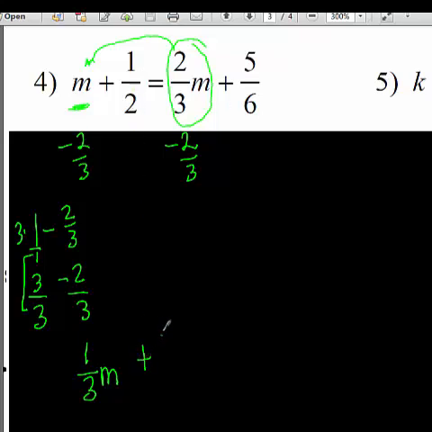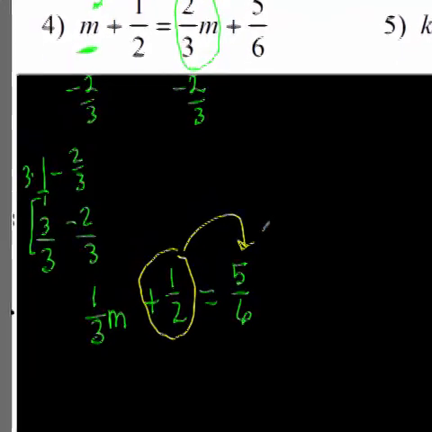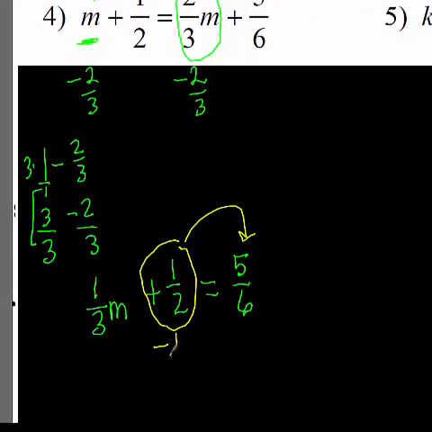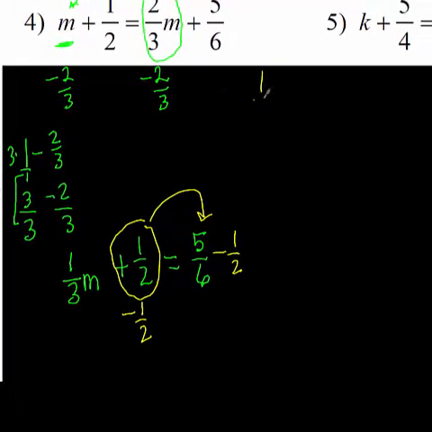Now we bring down our 1/2 equals the 5/6. We want to do the exact same thing and move our 1/2 over there, so we subtract 1/2 from both sides. Now I have 1/3 m equals.